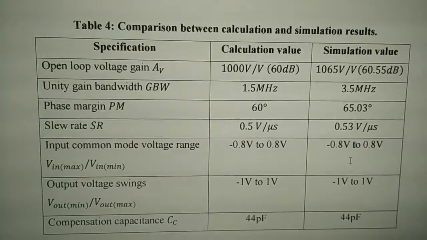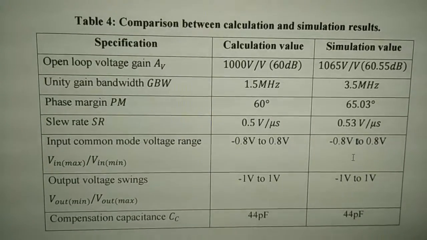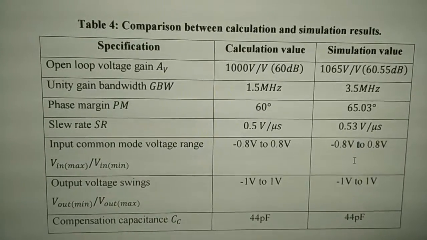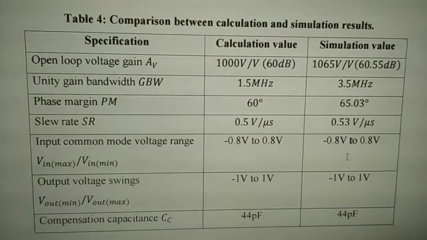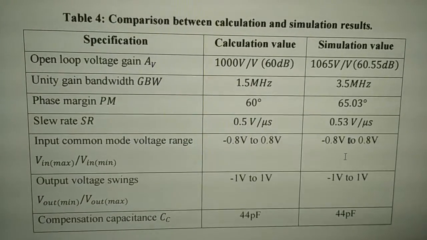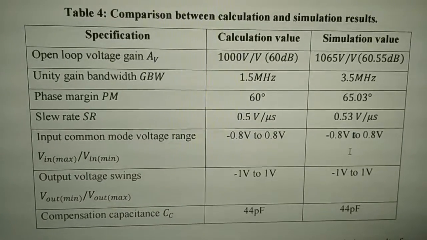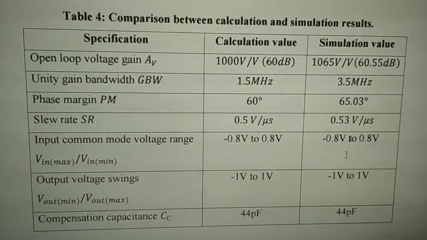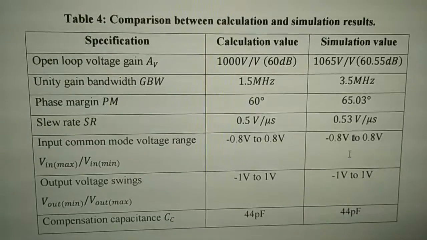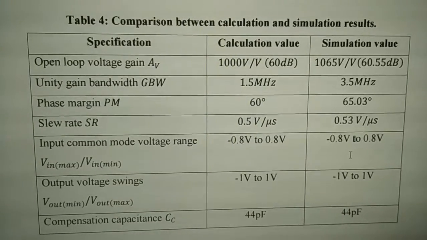For the phase margin, the calculated value is 60 degrees, while the simulated value is 65.03 degrees.